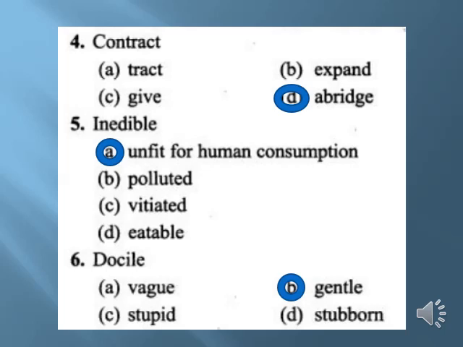Docile: vague, gentle, stupid, stubborn. Now docile means submissive. So here the right option will be gentle. Stubborn means adamant. The word vitiated means spoiled.